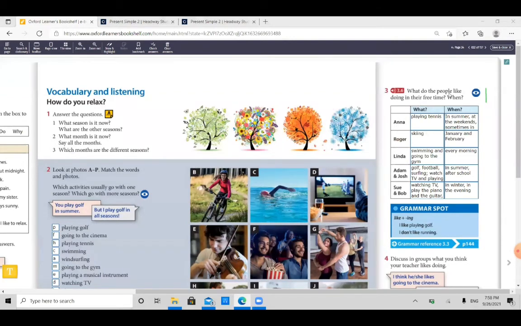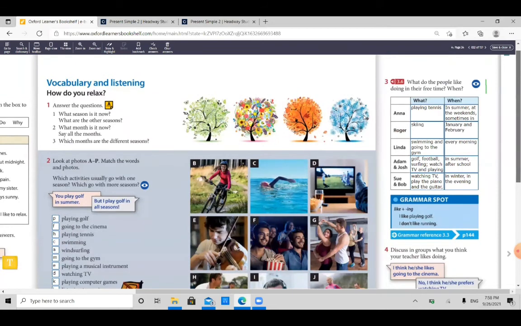Okay, now what do the people like doing in their free time and when? Let's in 2 minutes just talk about some of them. For example, let me give you an example. Now I want to make a full sentence about Anna. Anna likes playing tennis. In summer, at the weekends, sometimes.